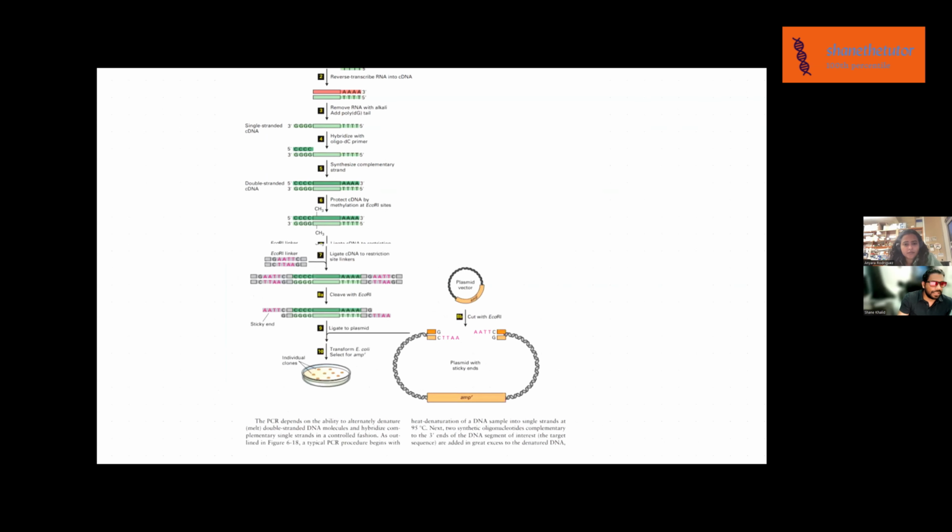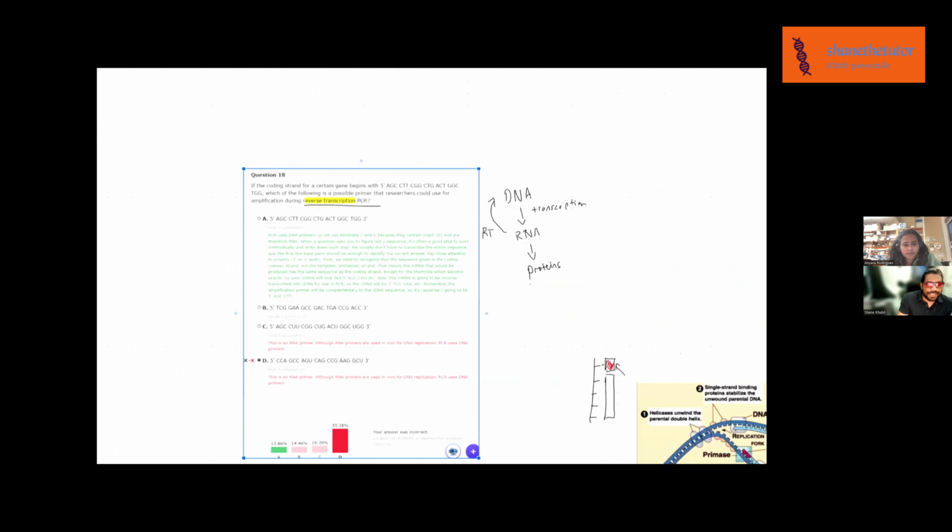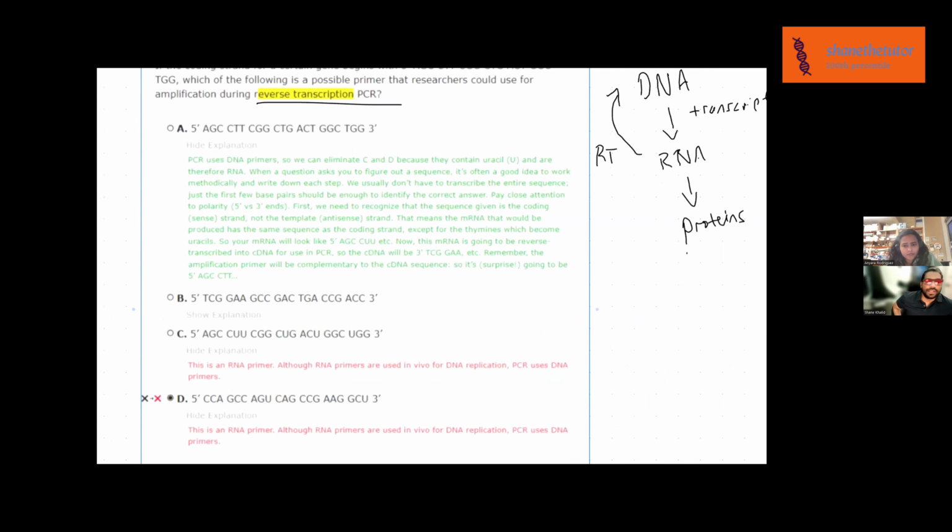Okay. So you were saying that PCR uses DNA primers, so we can eliminate C and D because they contain uracil and are therefore RNA. When a question asks you to figure out a sequence, it's often a good idea to work methodically and write down each step. You usually don't have to transcribe the entire sequence, just a few base pairs should be enough to identify the correct answer.